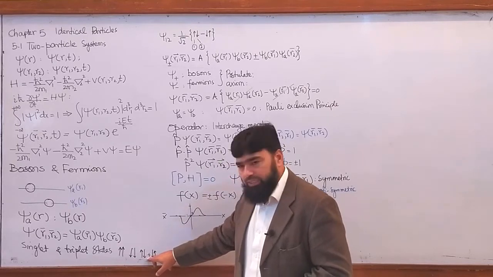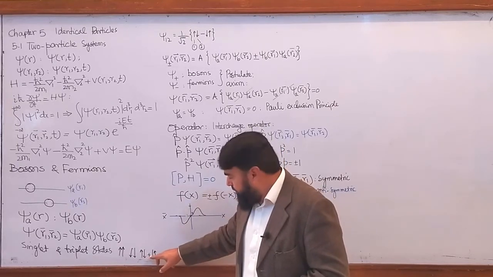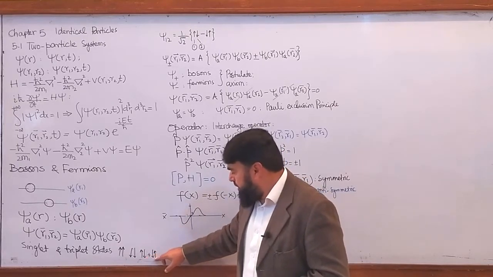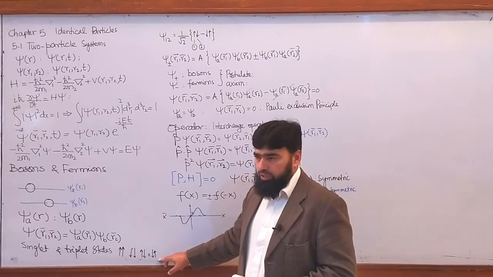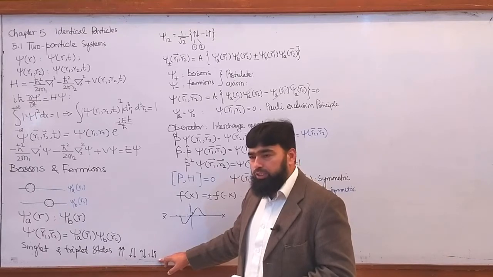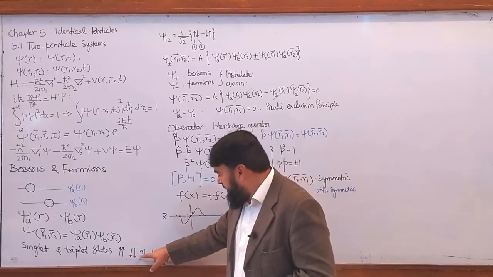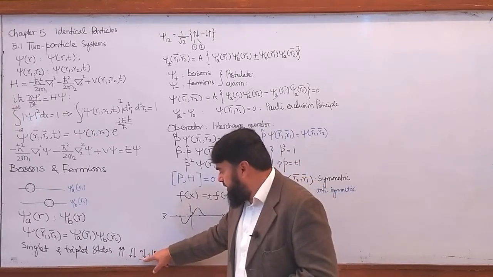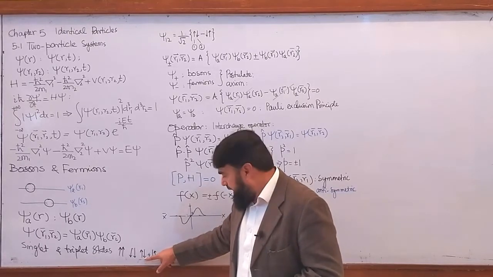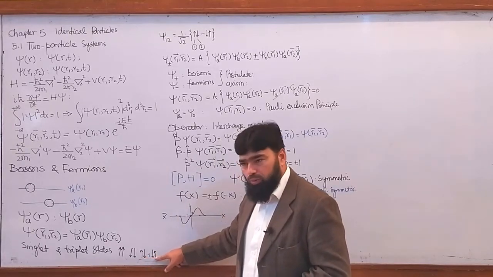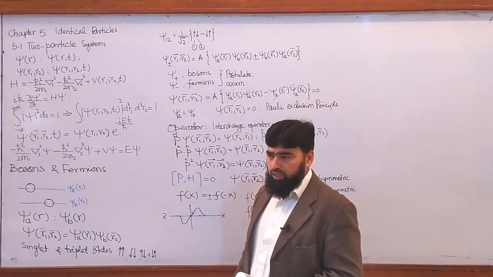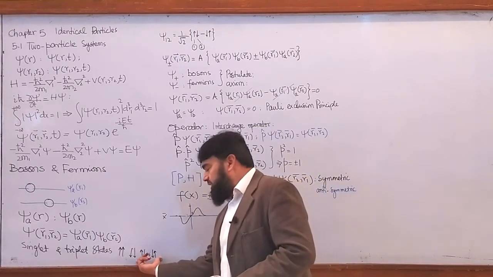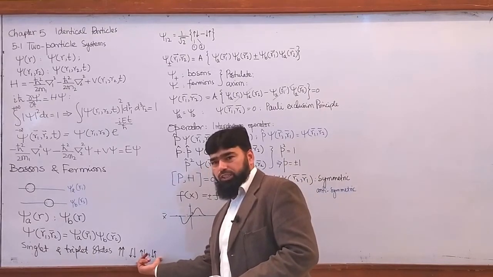Here plus is there. So if you write this one early and this one later, there is no difference at all. Clear? If I change this one to down and this one to up, and this one up and this one down, there is no difference at all.